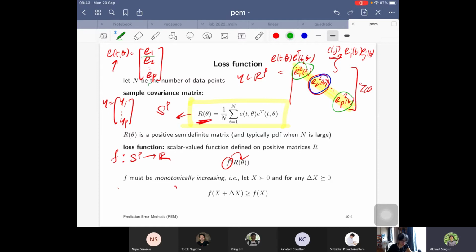That's why, as I said, the sample covariance R can give you a sense of how well you can perform the prediction. If your predictor is well designed, it has better performance. It means the covariance matrix should be big or small in the matrix sense.